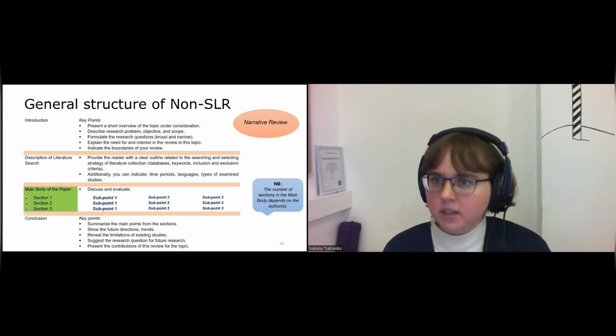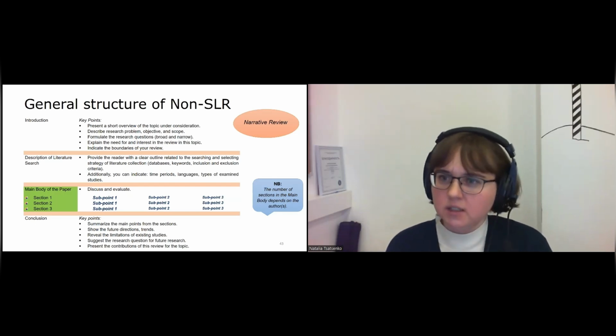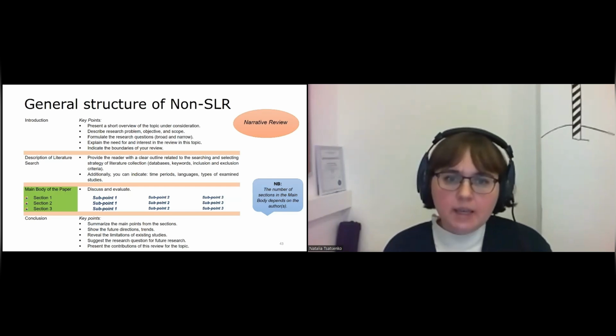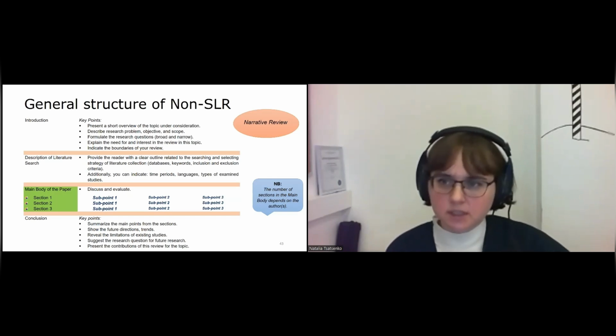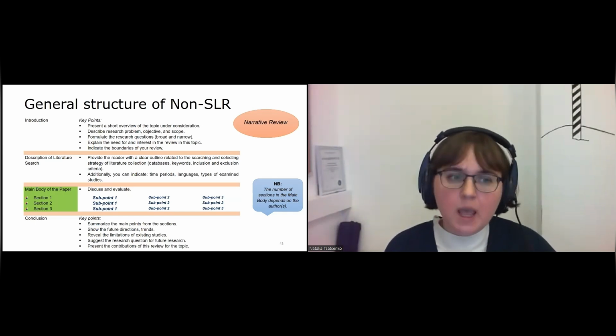We explain the need: it is very important why we decided to write a review and why it is important. We also show some boundaries, that we focus on this field and these subfields, but we do not jump to other fields. It actually makes sense to prepare the reader already in the introduction part.